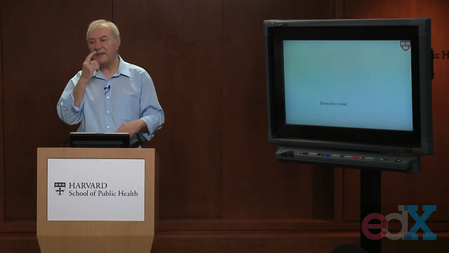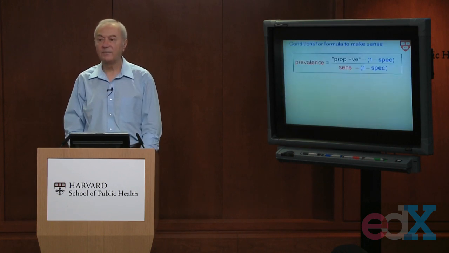Just as with all these other measuring devices, the testing procedure has a detection limit. So for example, if you buy a cheap ruler, your detection limit might be to the closest inch or centimeter, or how cheap your ruler is. Whereas if you had an electron microscope to measure the length of something, you'd have a much tinier detection limit. So what is the detection limit of our testing device?